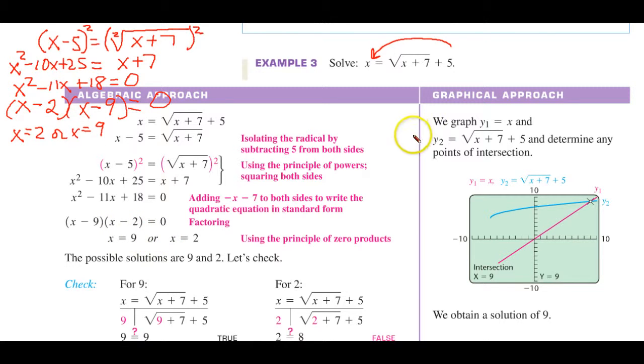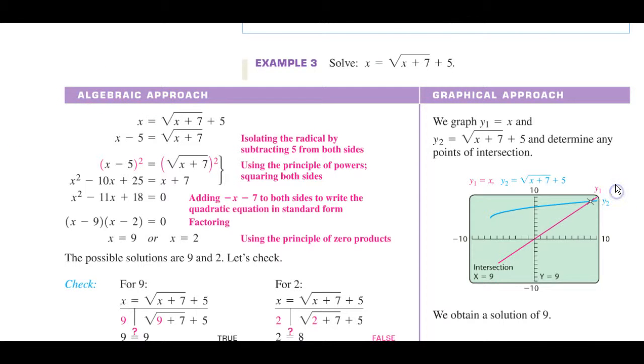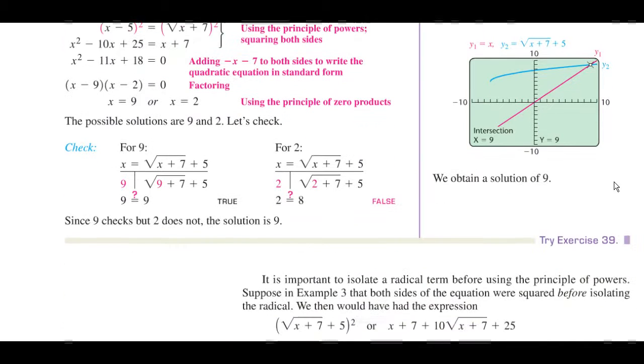Now here again, since we have squared something, we may have introduced an erroneous solution. So how do we find out? Well, we have to check our answers. In the original equation, the 9 works.